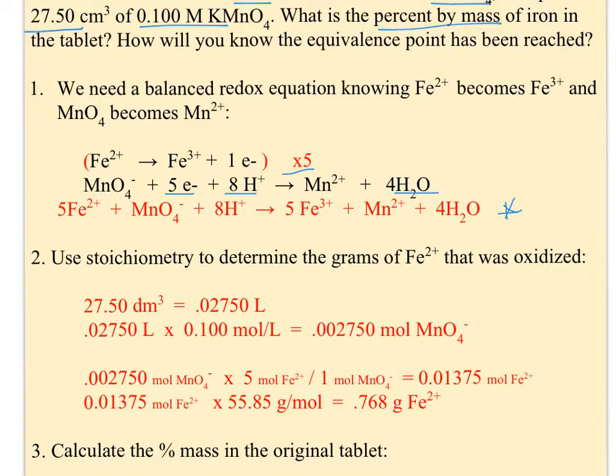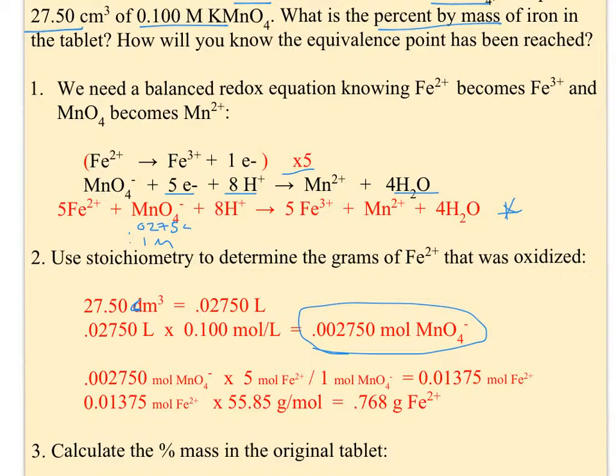Well, I'd take my 27.5 centimeters cubed. This should be a centimeter here, not decimeter. And I'm going to convert that to 0.0275 liters or decimeters. So that's this reactant right here, 0.0275 liters that we're dealing with. It's 0.1 molar strength. So that means if I multiply these, I'm really starting with 0.002750 moles of MnO4-.